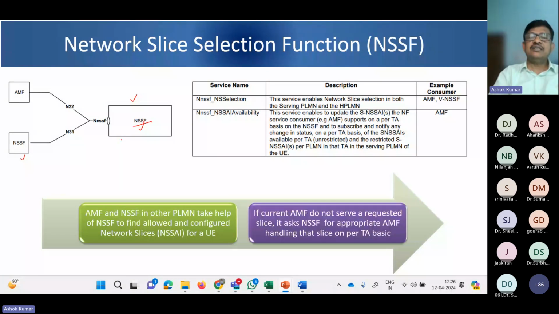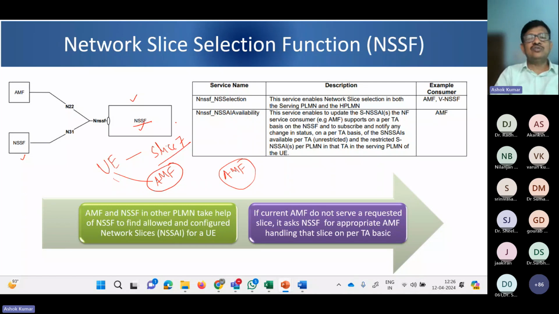The other function is this. Many times, if a user equipment is trying to access slice number 7, and the AMF it has connected to does not support that, some other AMF is in charge.